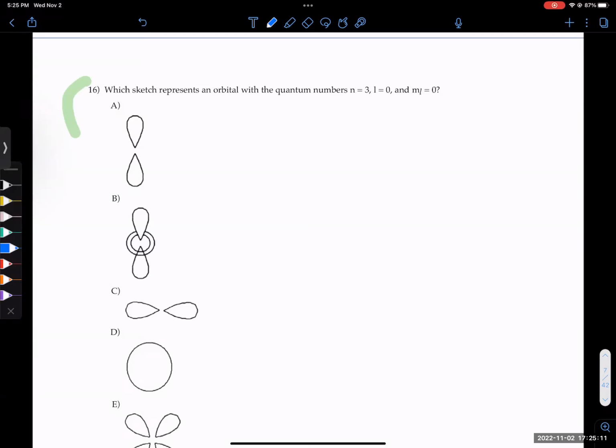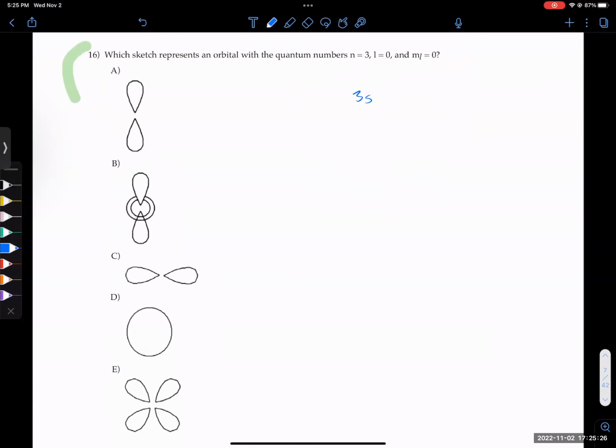It's saying n equals 3, so the third energy level, and L is equal to 0, that's our 3s, right? And there's only one possible S subshell. We just said in the previous problem that S subshells are spheres, right? So what would be the most likely structure?